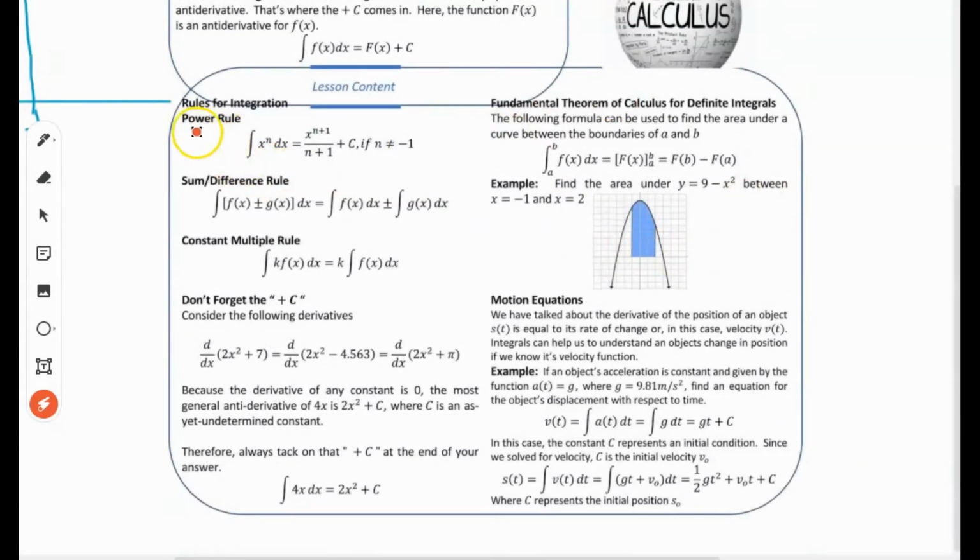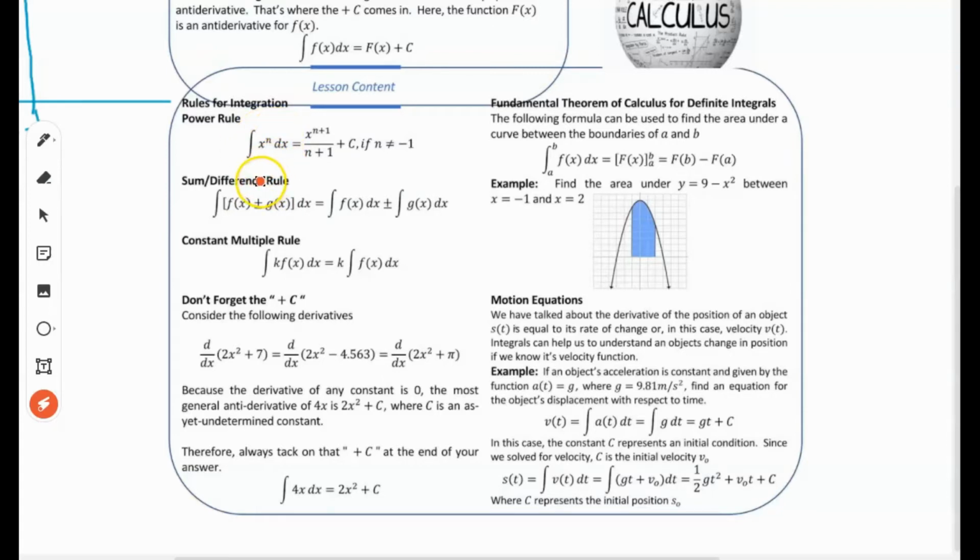So here we have our power rule for integration. Let's say we want to take the integral of x to the power of some value n with respect to x. If you remember the power rule for differentiation, what we did was multiply by n and then subtract 1 from the exponent.